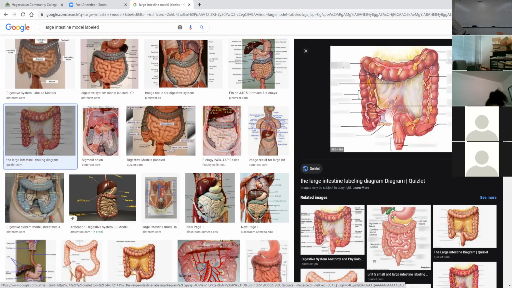And so this is a haustrum, and haustra is plural. And the little yellow things hanging off the taenia coli have two names. I learned it as epiploic appendages, but our lab doctor also calls them omental appendages.